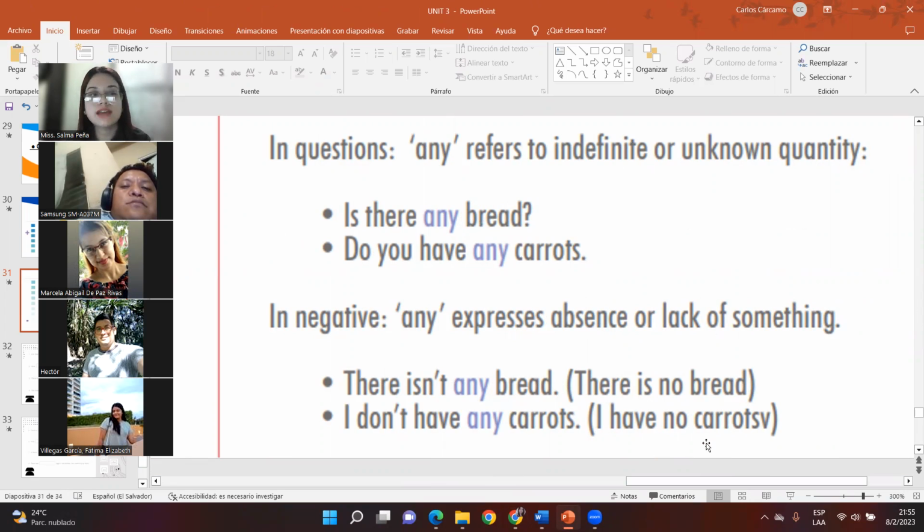Do you have any carrots? Am I asking for 2 carrots? Yes or no? Hector, am I asking for 2 carrots? Sorry, teacher, can you repeat? Am I asking for 2 carrots? If I say, do you have any carrots?